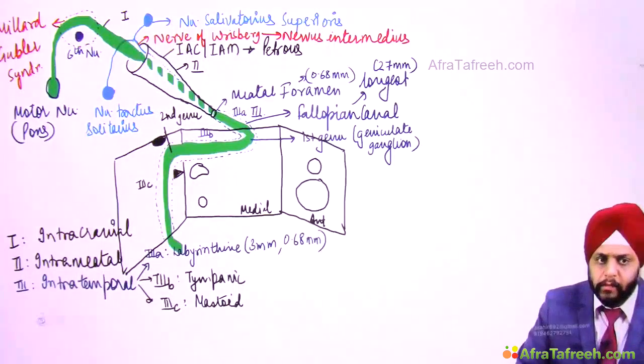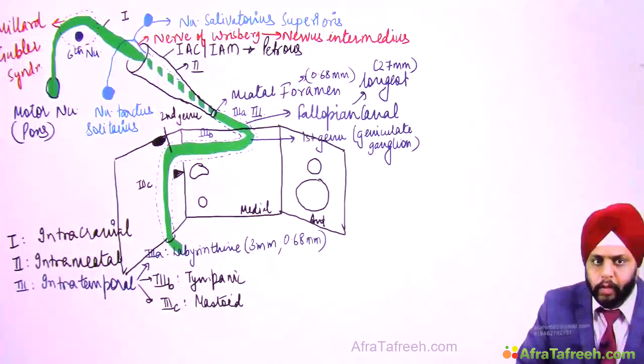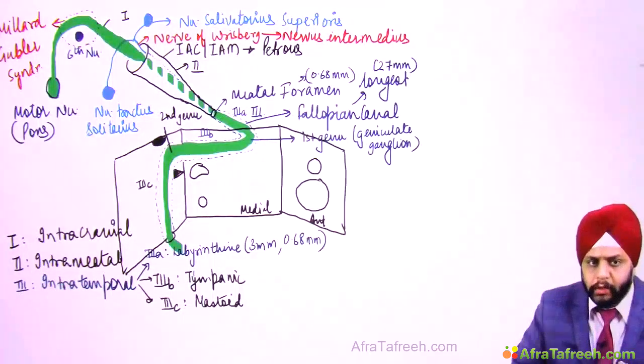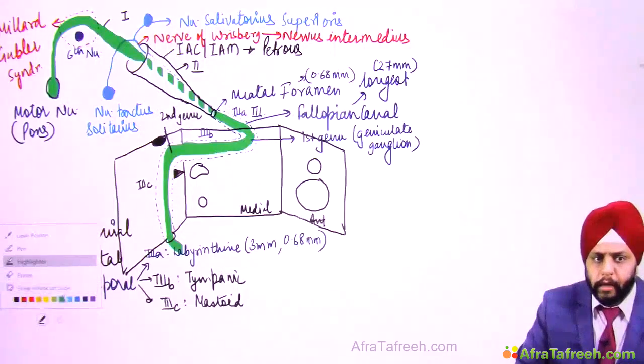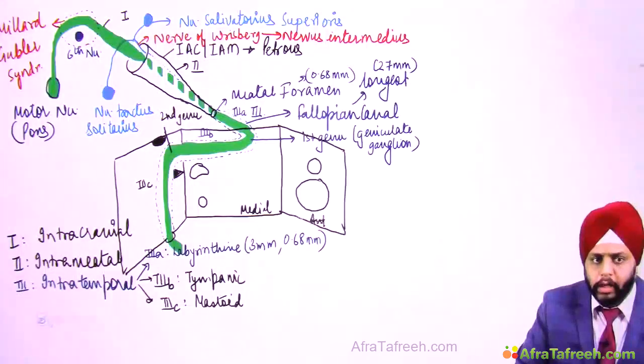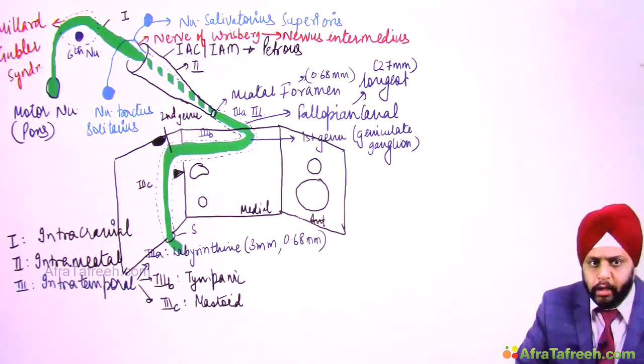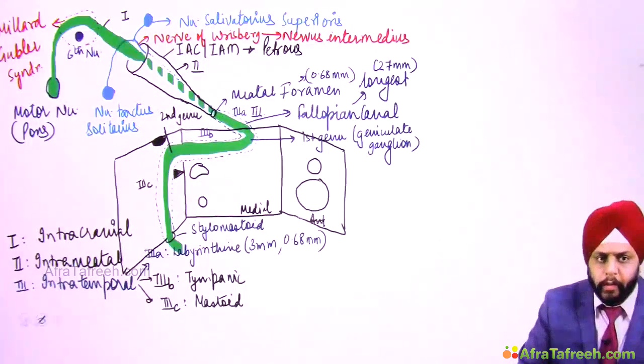And now this mastoid segment of the facial nerve, if you remember, it crosses over here the foramen. You see, there is a foramen over here. This vertical or mastoid segment of the facial nerve crosses the foramen over here. Which foramen? It crosses the stylomastoid foramen and it goes out of the temporal bone.